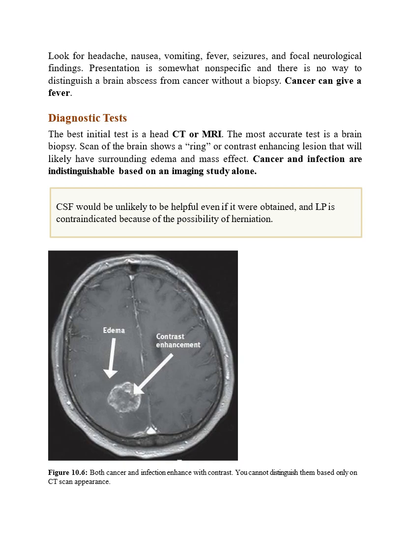Basically, you cannot distinguish them based on the CT scan appearance. Here, we need to look for headaches, nausea, vomiting, fever, seizures, and focal neurological findings. The presentation is somewhat non-specific, and there is no way to distinguish a brain abscess from cancer without biopsy.